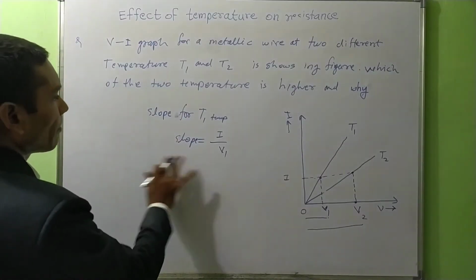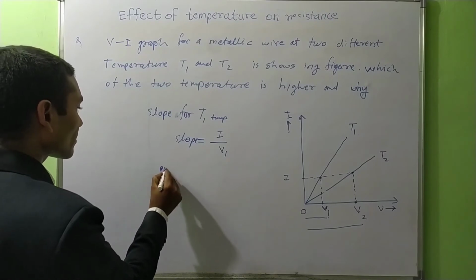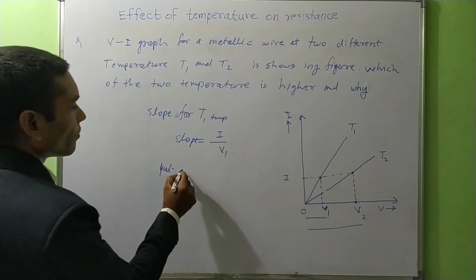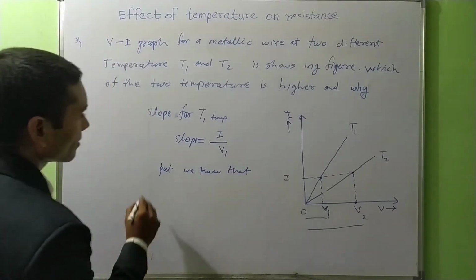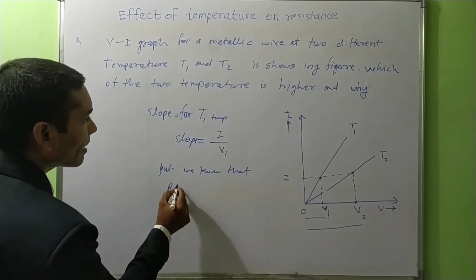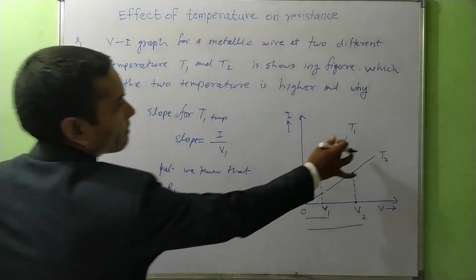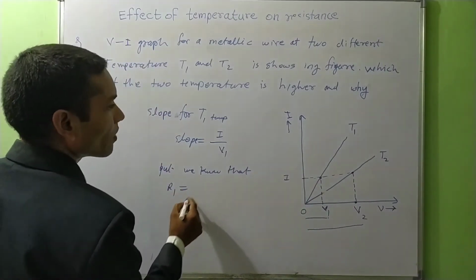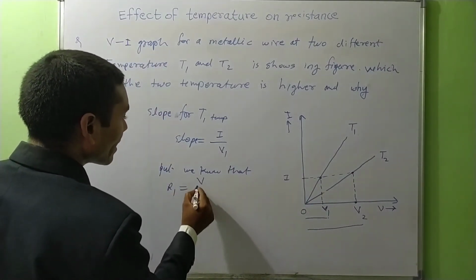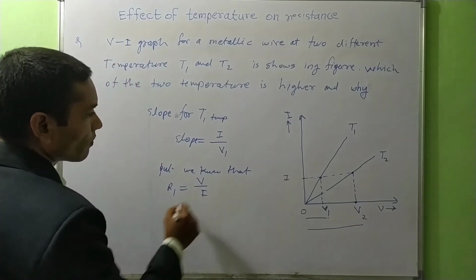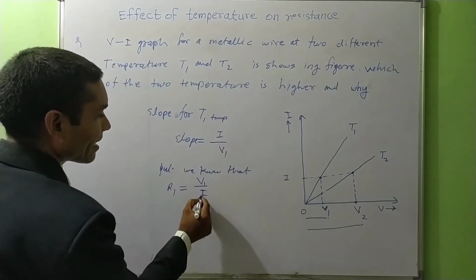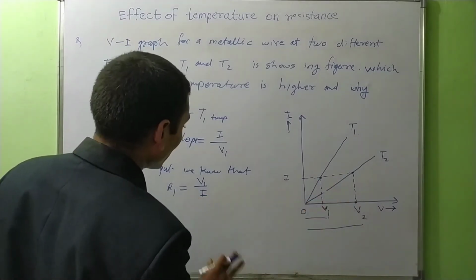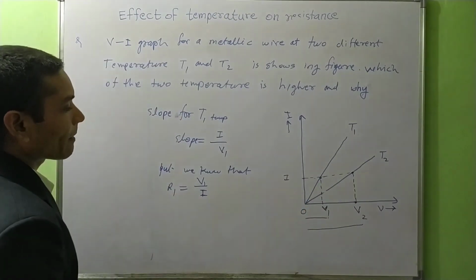But we know that resistance R1 for T1 temperature is equal to potential upon current. So for this temperature, potential is V1, but current is common for both. That's why I will be there.